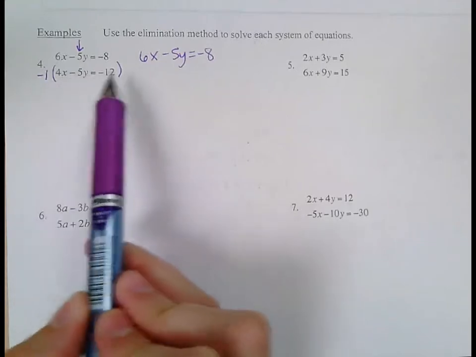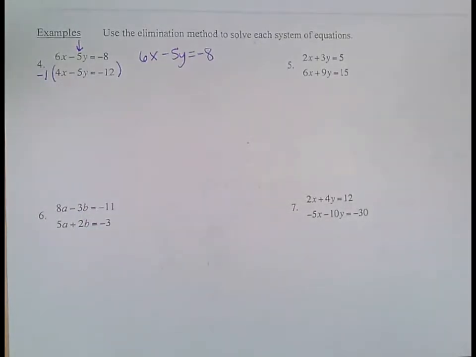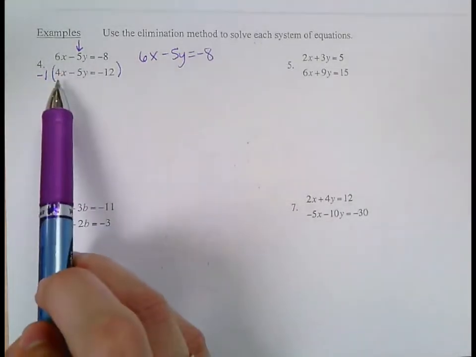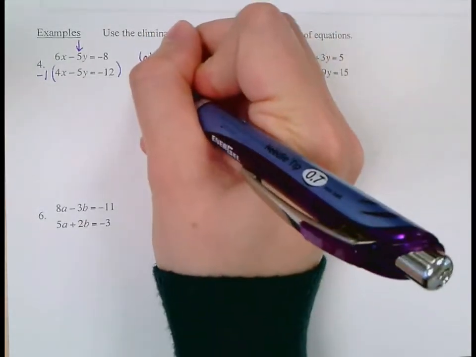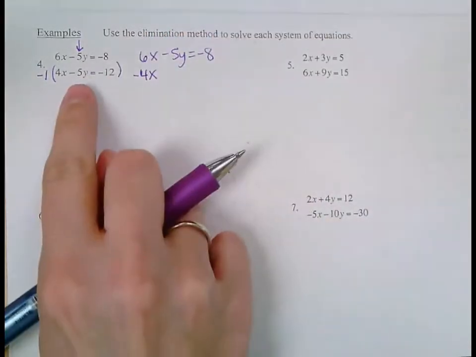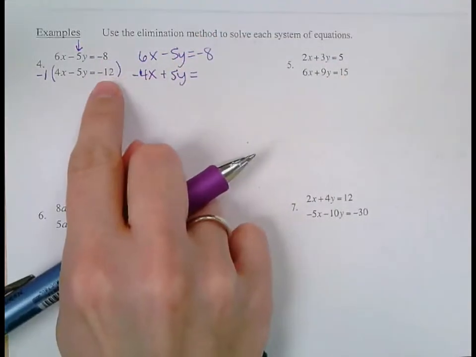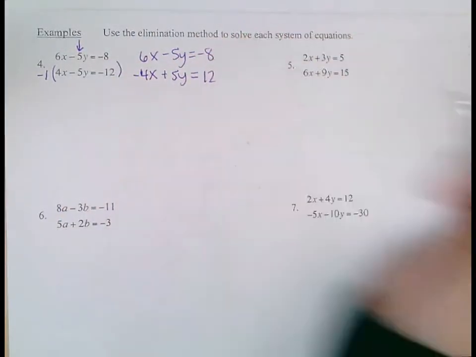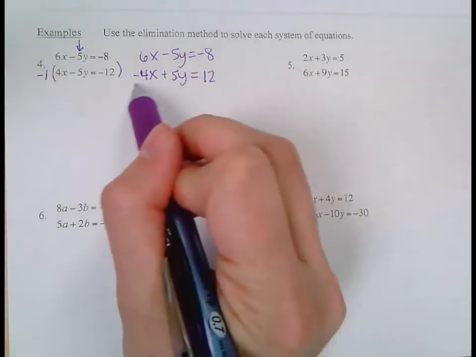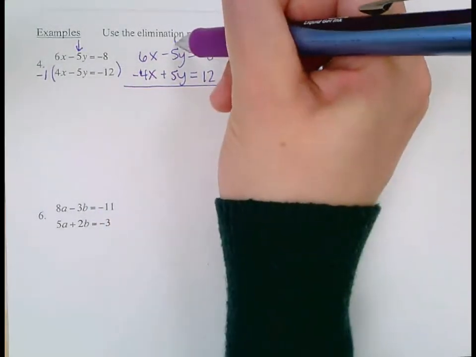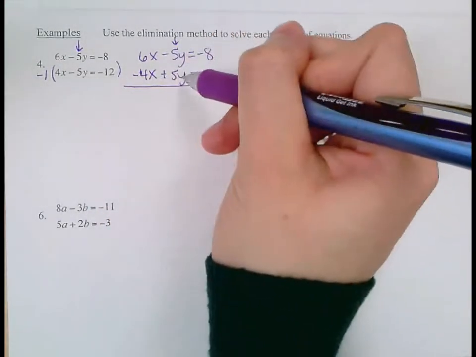And make sure on the bottom equation I multiply everything on both sides. So my positive 4x will now be negative 4x. My minus 5y will now be plus 5y equals, and my negative 12 will now be positive 12 when I multiply by negative 1.